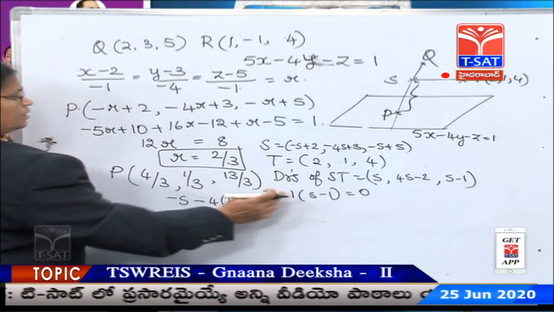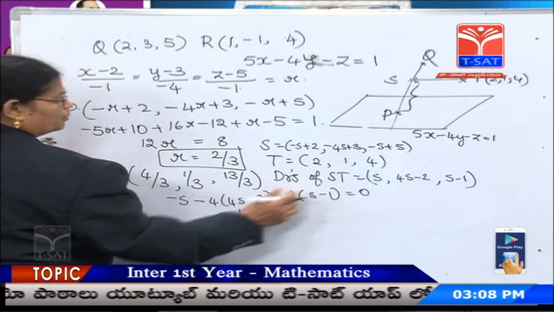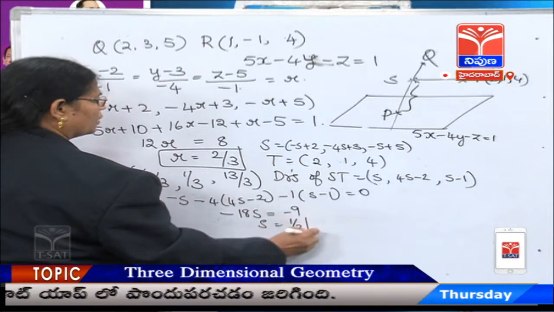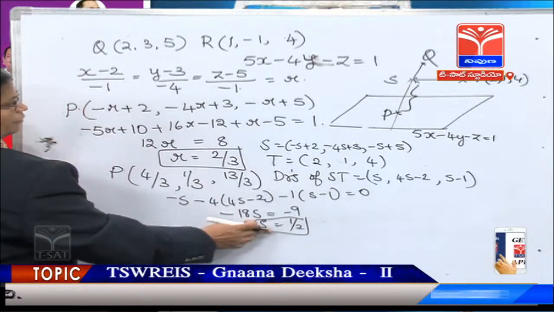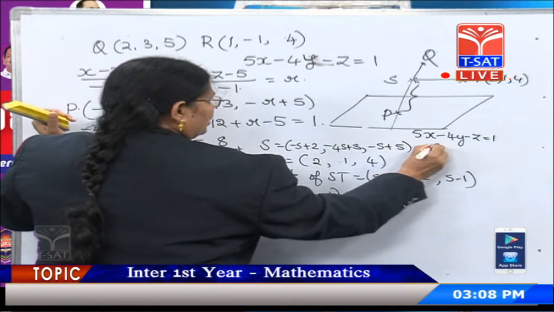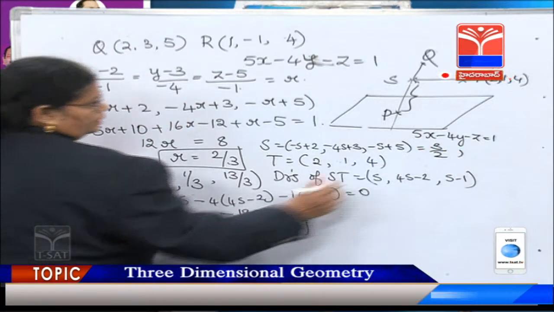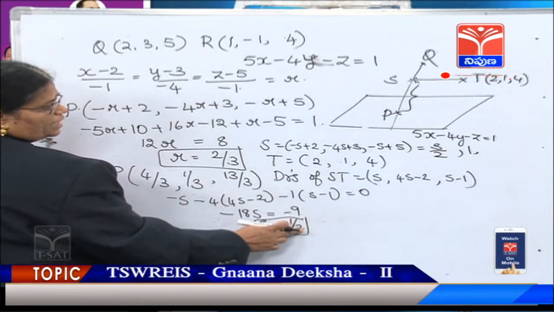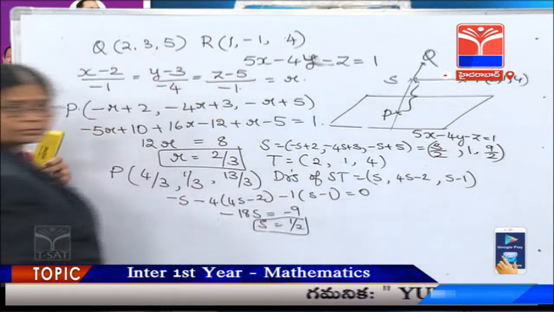This gives minus 18S plus 9 equal to 0, so S equal to 1 by 2. Now I will get my S point by substituting 1 by 2: (3 by 2, 1, 9 by 2). This is my S point.